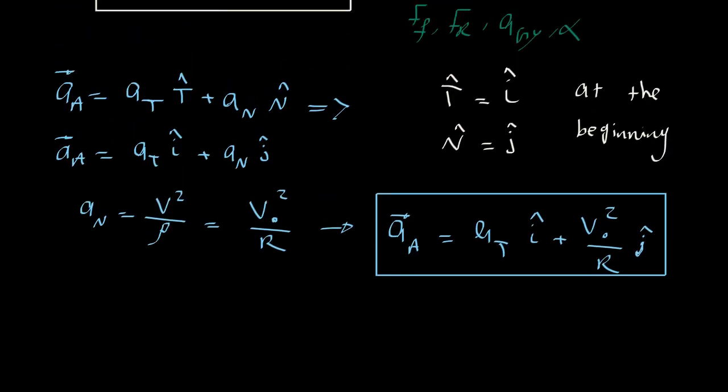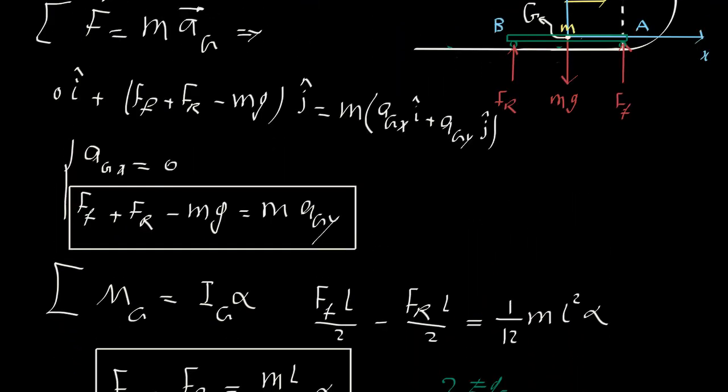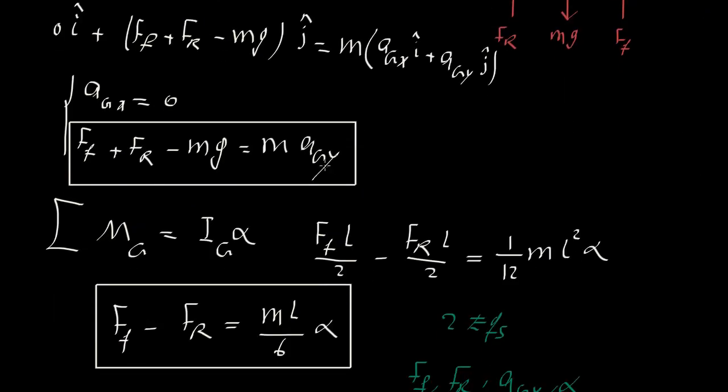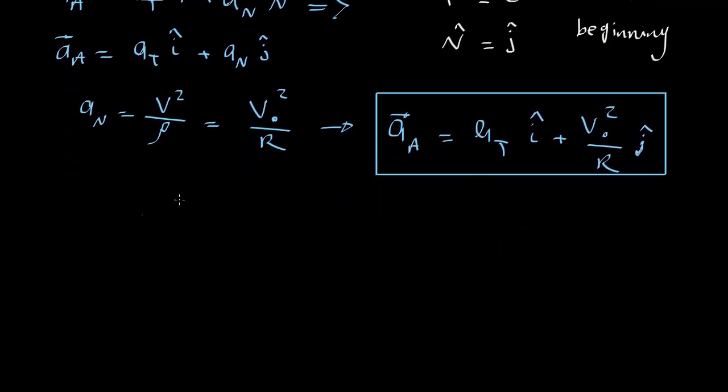Also, let's write down the acceleration of point G based on point A, because remember one of our unknowns was a_Gy, the acceleration of the center of mass in the y direction. Let's see if by writing the acceleration of G based on A, we can find a_Gy.